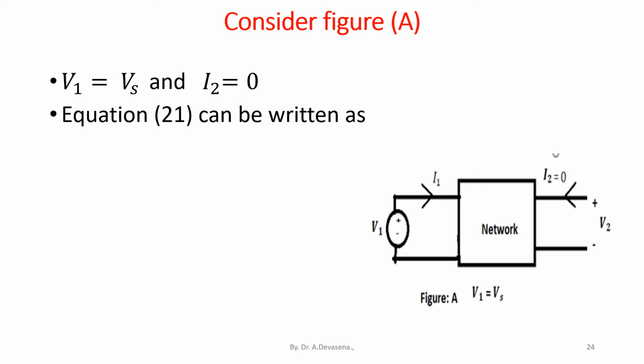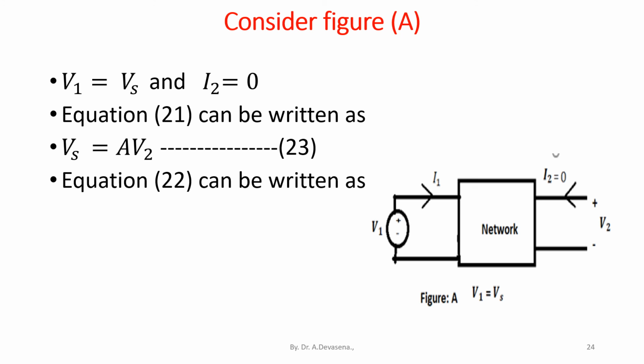So, equation 21 can be written as Vs is equal to A into V2. Consider this as equation 23, because we have substituted V1 as Vs and we have considered I2 as 0. So the term B I2 is not available in equation 23.